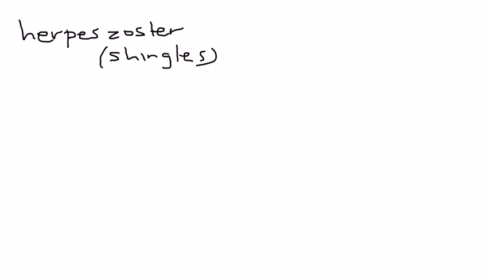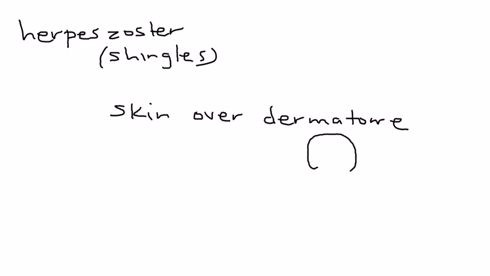So what is herpes zoster? Herpes zoster, or shingles, is essentially a rash, and the rash involves the skin over a dermatome. And if you're not sure what a dermatome is, you can look up diagrams of this on the internet.